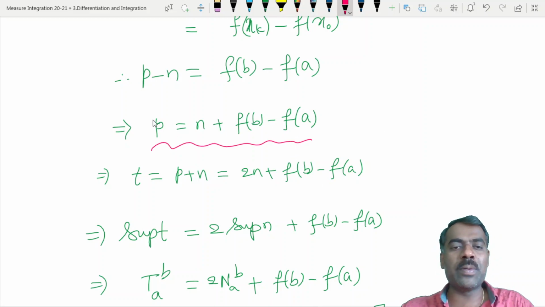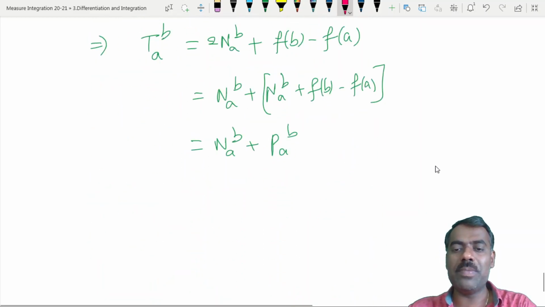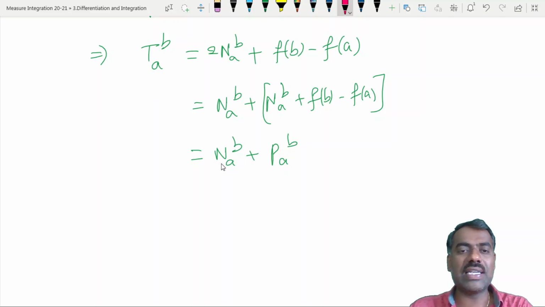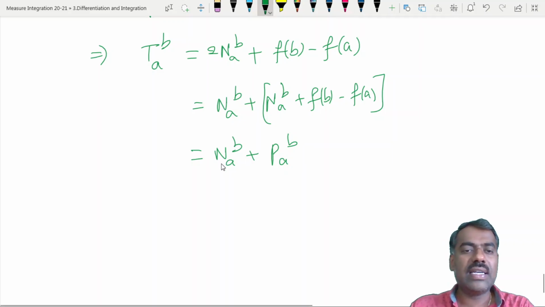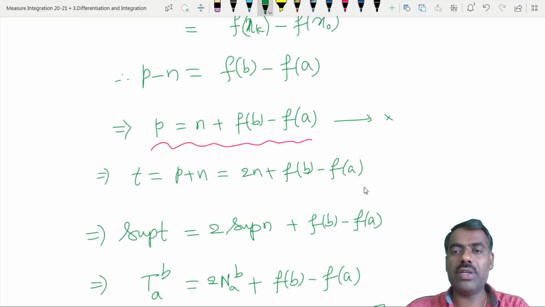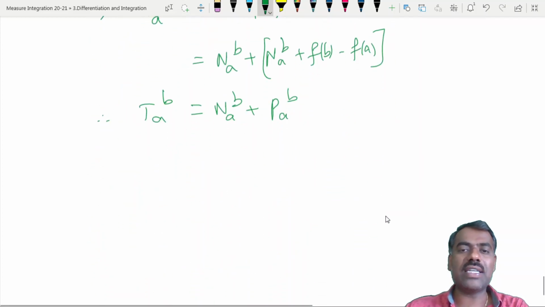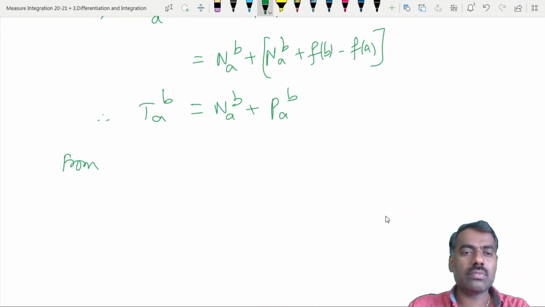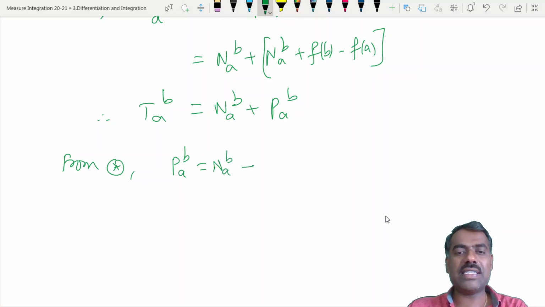So if you take the supremum over all partitions, capital P is equal to capital N plus f(b) minus f(a), which is this. Is this clear? So therefore what we have proved is that T_ab is equal to N_ab plus P_ab, and also from here, if you take this as star, this P_ab is equal to N_ab plus f(b) minus f(a).